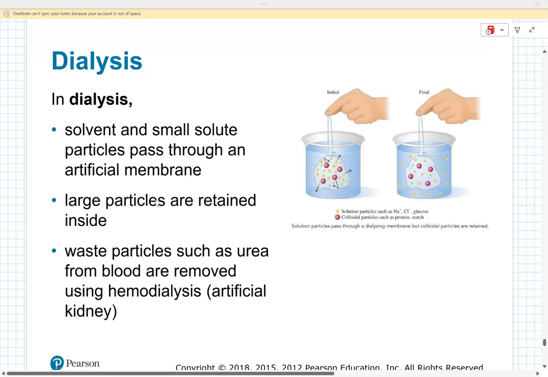Now, dialysis. We don't do dialysis as far as I remember. But basically, this is the idea of a semi-permeable membrane that is permeable not only to the solvent, but also to small solutes. Does that make sense?